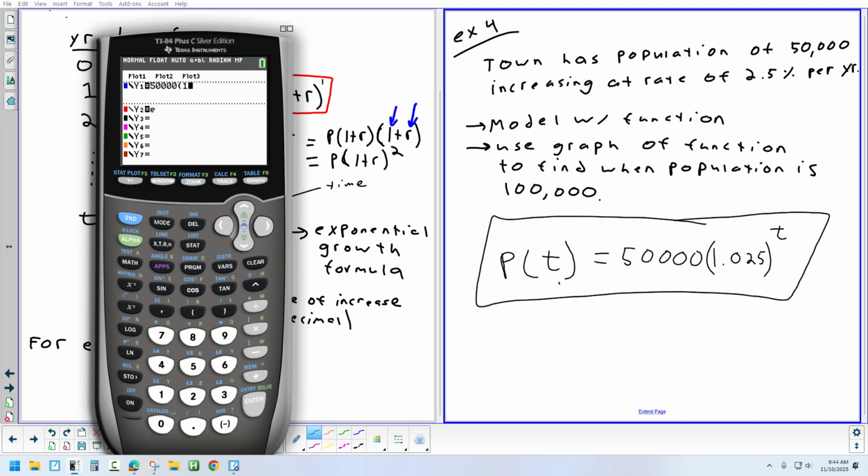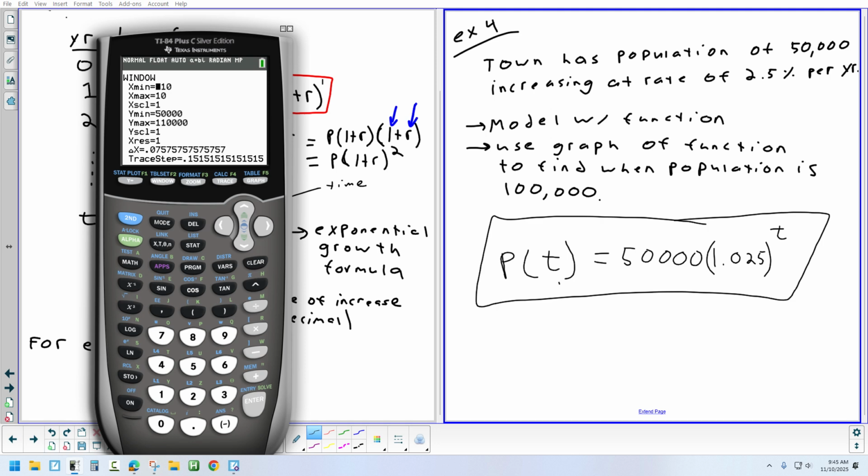Well, what's the smallest that the population will ever be in this town? Yeah, 50,000. It can't go below 50,000, so there's no reason to look below that. So we're starting at 50,000 people, and we want to know when we get to 100,000, so I'm going to go a little above it.